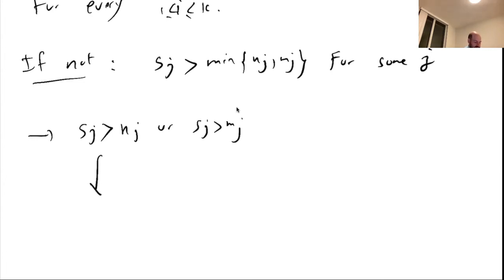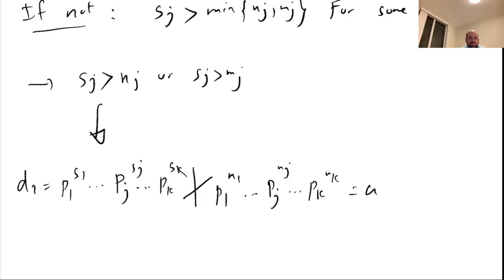So if Sj is bigger than Nj, then I can say that D2, which is P1 to power S1, Pj to power Sj, Pk to power Sk, will not divide P1 to power N1, Pj to power Nj, Pk to power Nk, which is my A, because power of Pj is Sj, which is bigger than power of Pj in A.